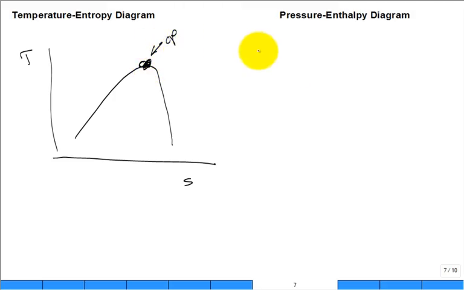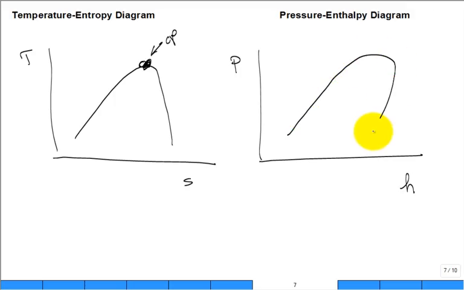The other property diagram is new to you. You haven't seen it, but it's very helpful. It's the pressure enthalpy diagram. The dome on a pressure enthalpy diagram looks like this if you plot the log of P. So it's going to be a semi-log plot, not a linear plot. Did you have a question?